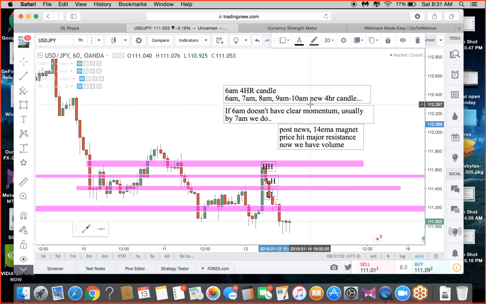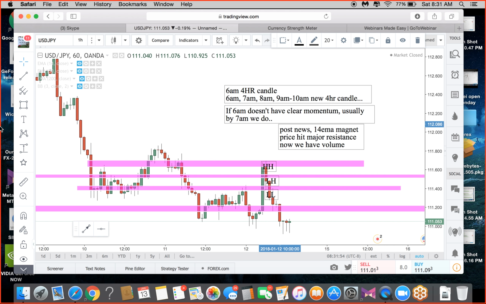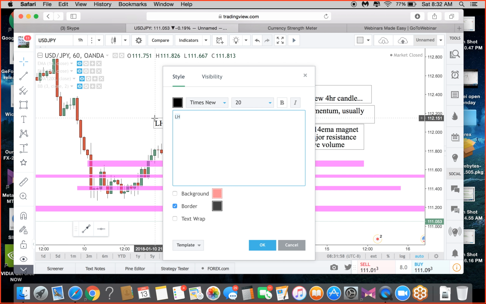So, with my trading plan, the stuff that I'm looking for is I've got the 6 a.m. new 4-hour candle. I've got the 7 a.m. hour candle. I've got the 8 a.m. hour candle. I've got the 9 a.m. hour candle.